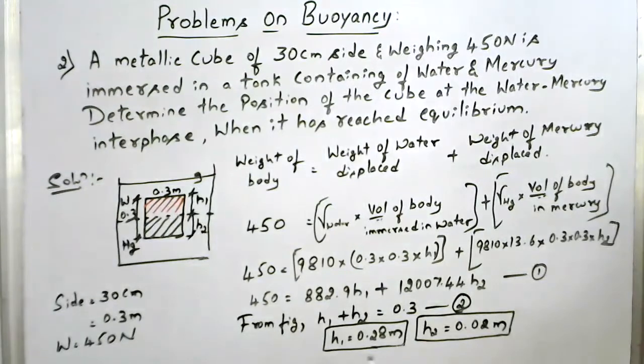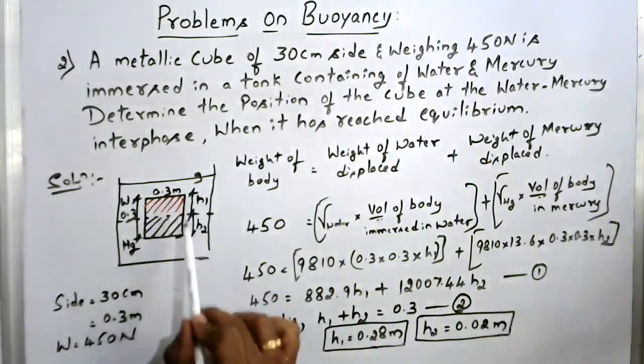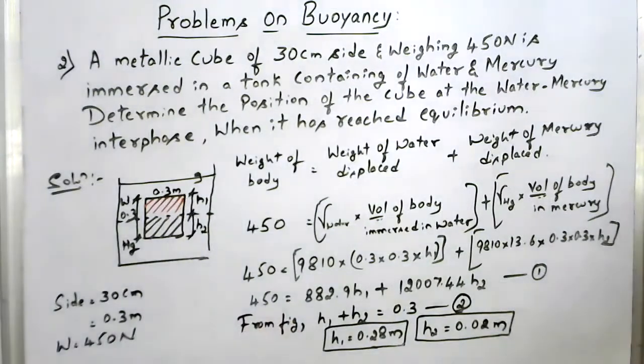So H1 is 0.28 and H2 is 0.02 meter. That is the position where the cube is lying at the interface of the water and mercury when it has reached equilibrium. This is how we should solve the problem of the interface between two fluids.